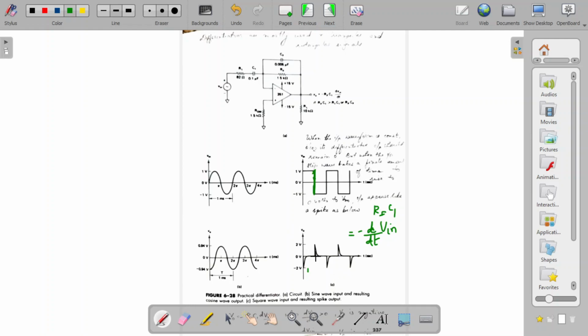Over that time you will get a spiked output in the positive direction. But then after it has achieved this, the voltage will remain steady at minus 1 volt, so the output will again reduce to 0 and remain 0 as such.